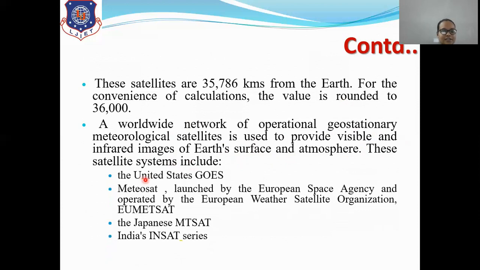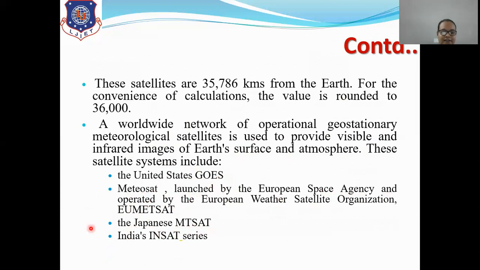First, from the United States, that is GOES, the Geostationary Operational Environmental Satellite. Then second, Meteosat. Meteosat stands for meteorological satellite, which is launched by the European Space Agency and operated by the European Weather Satellite Organization, that is EUMETSAT. Then third, the Japanese satellite, which is MTSat.